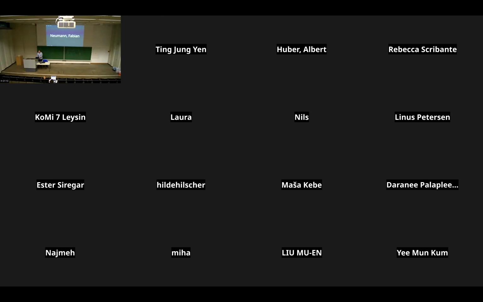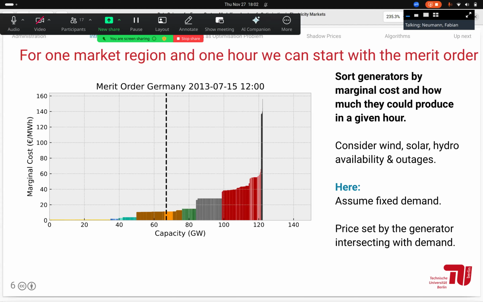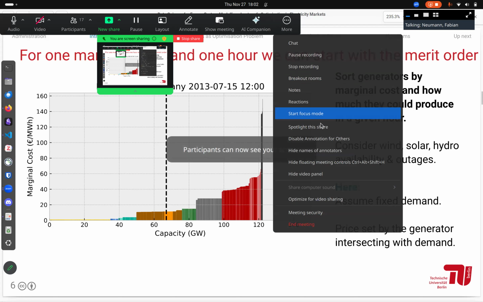Okay, so what we did here implicitly by sorting and looking for the cheapest is basically some optimization.